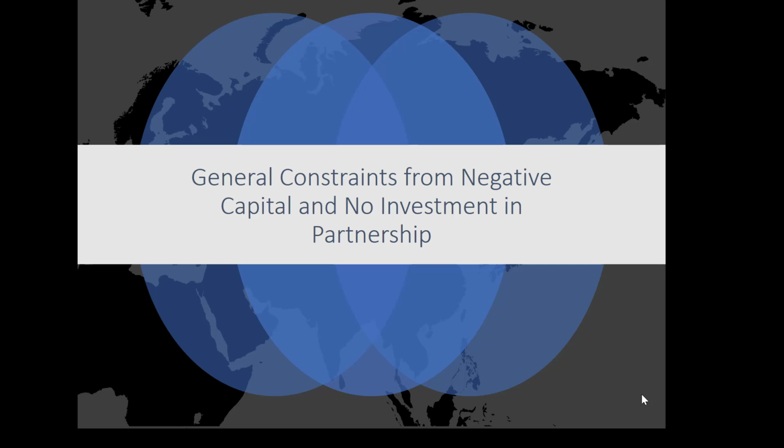There are constraints on the ability of a tax equity partner, the investor who puts all their money up, to get all the tax benefits out. They might not be able to get them all out.